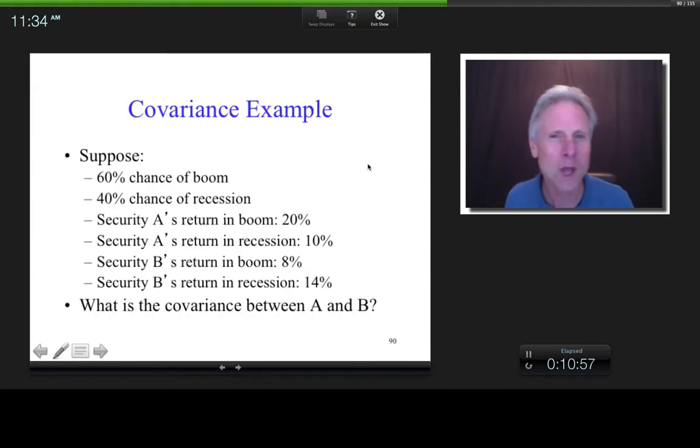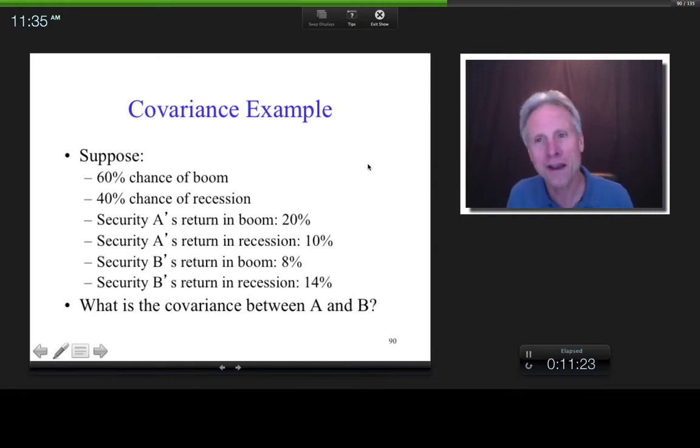So let me go through a covariance example, and maybe that will help you understand the concept of covariance. And again, I'm only going to go through this example just because it's relevant to what kind of risk. We're going to find out that it's relevant to figuring out total portfolio risk. And again, why do we care about total portfolio risk?